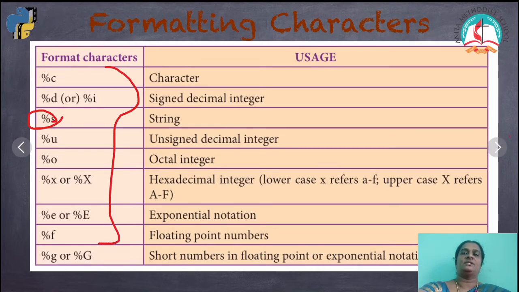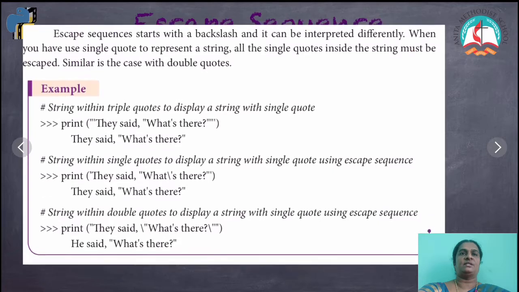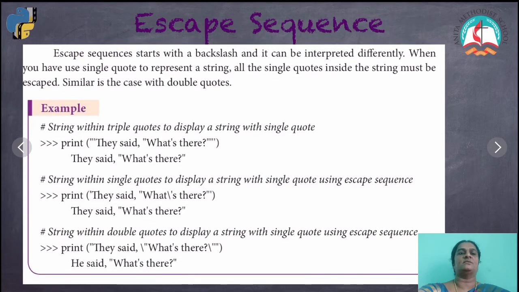Okay, so next to that, what is the next thing we are going to see? Escape sequence. We already learned in C++ about escape sequence, and we are going to see how they are interpreted differently for single quote, double quote, and then triple quote. So string within triple quote to display a string within a single quote.